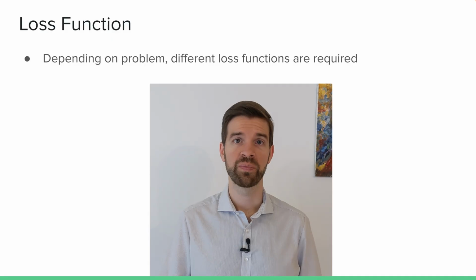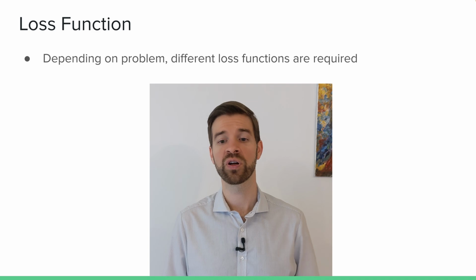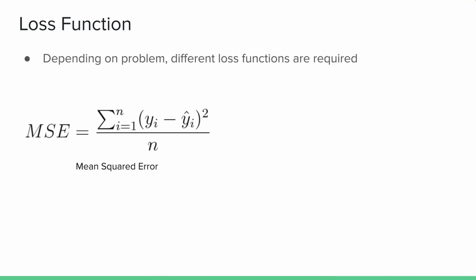Let's talk about the loss function, aka the cost. I already mentioned it's basically trying to answer the question, how are we doing? Depending on the problem that we're trying to solve, different loss functions are required. Let's start with the mean squared error that you've probably seen many times before.